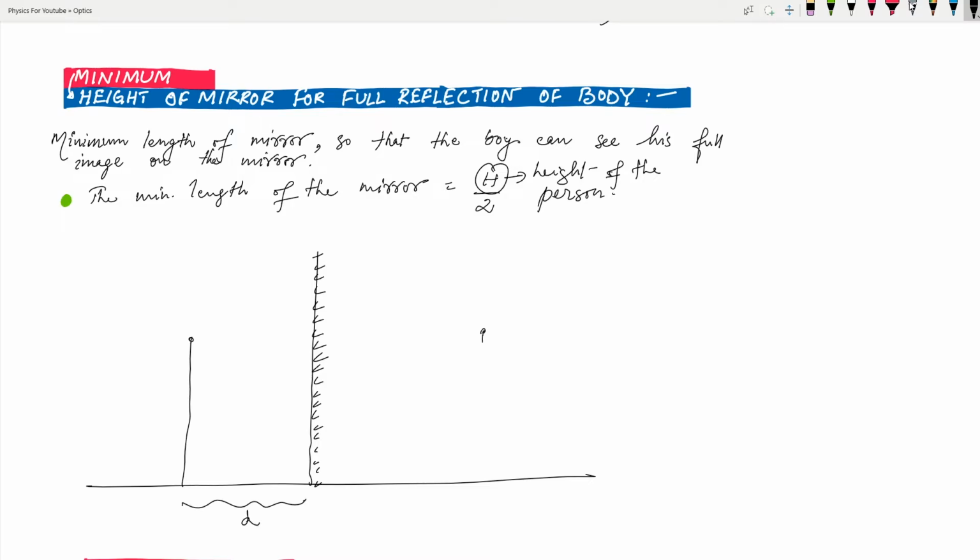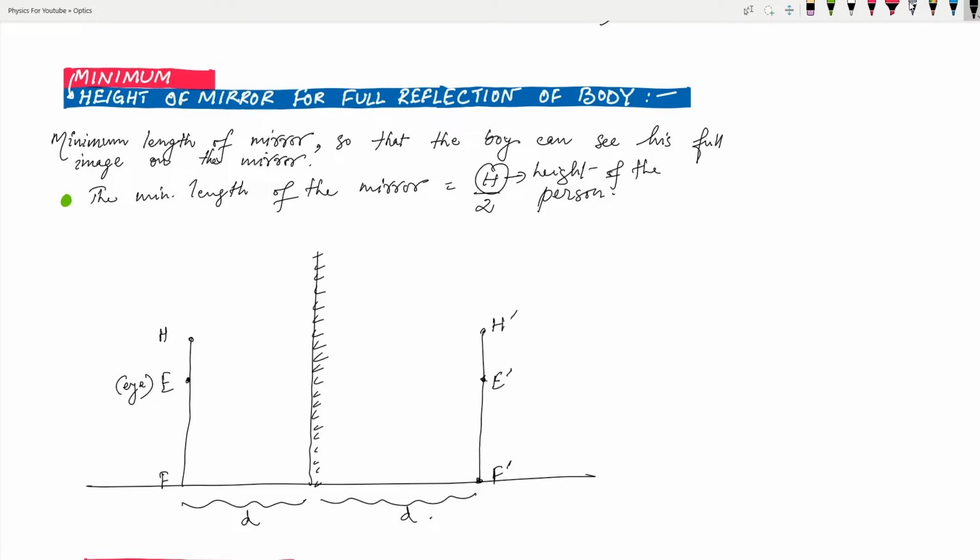So the image will also be formed at a distance d from the mirror. Simple as that. If this is the head and this is the foot, then this will be the image of the head and this will be the image of the foot. If this is the eye, E-Y-E, then this will be the image of the eye, E dash.